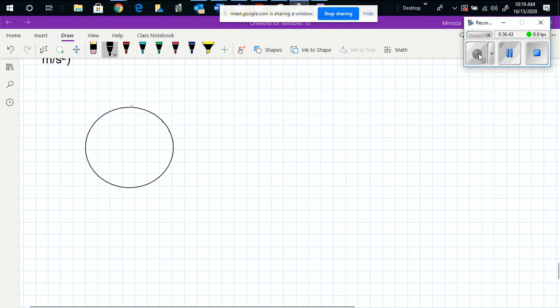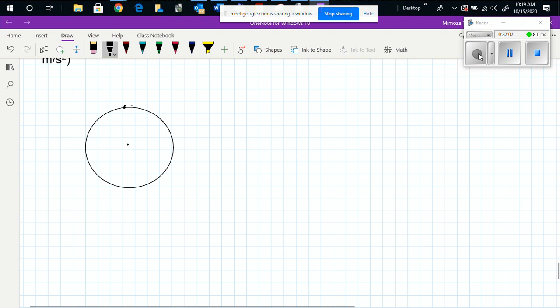So now we will see a situation of vertical uniform circular motion. When you have an object that is moving in a circle that is perpendicular to the ground, what you see as the front view is something like this.